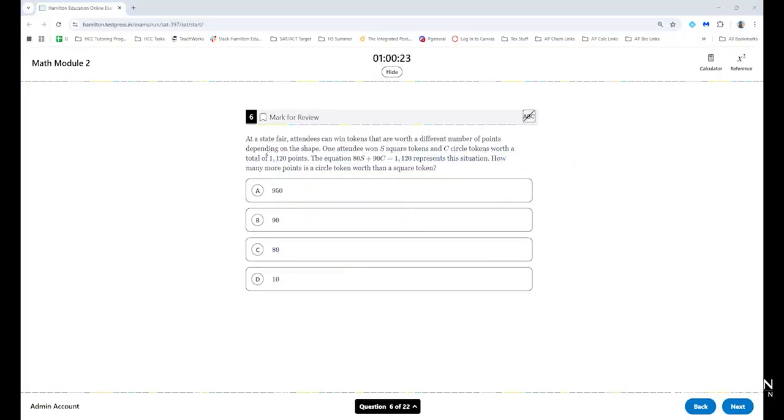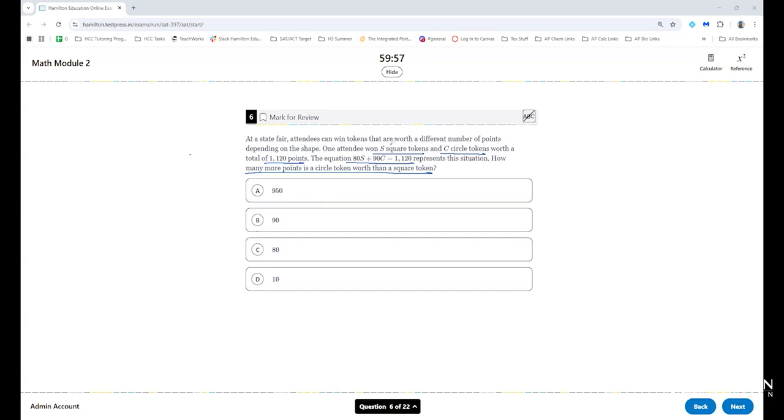Question 6. At a state fair, the attendees can win tokens that are worth a different number of points depending on the shape. One attendee wins S square tokens and C circle tokens with a total value of 1,120 points. The equation is 80S plus 90C is equal to 1,120. How many more points is a circle worth than a square token? So from here, I know that this is the point equation.